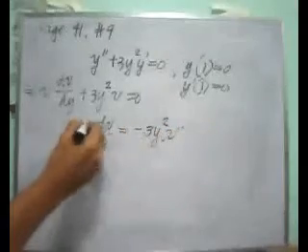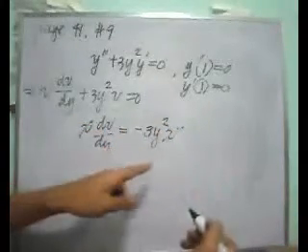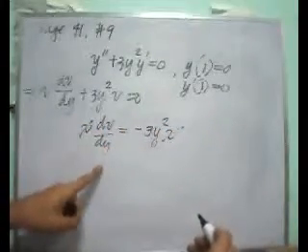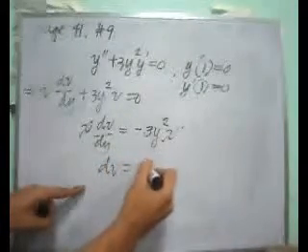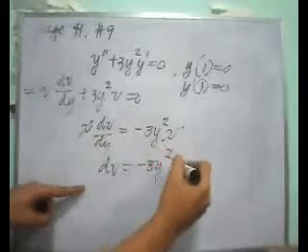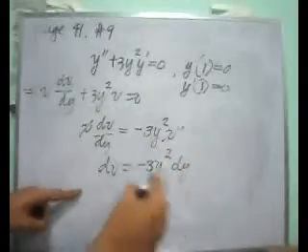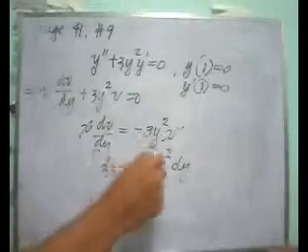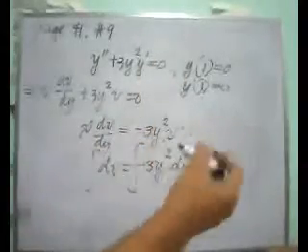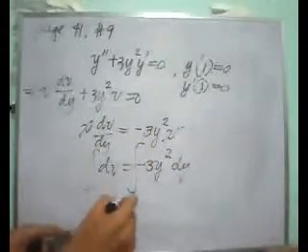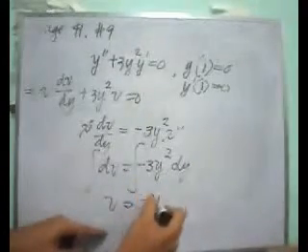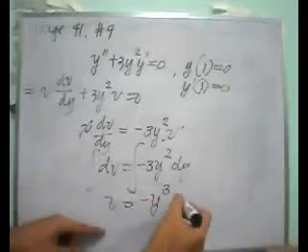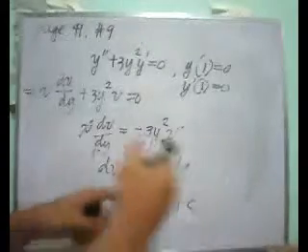Now we can cancel the v on both sides, and then this becomes a separable equation. dv is equal to negative 3y squared dy, and now by simply integrating both sides, we have v is equal to negative y cubed plus c.